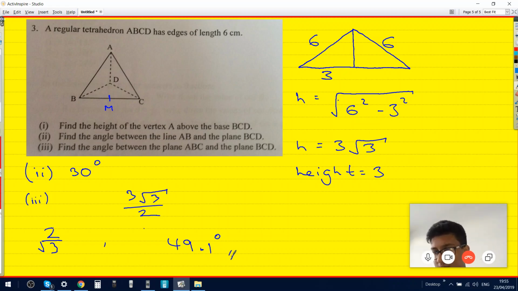Okay, that's it. So I think just drawing a diagram helps. Any questions there?